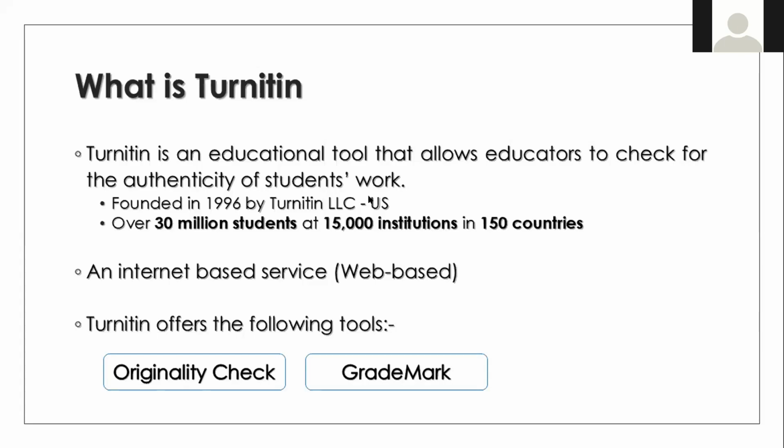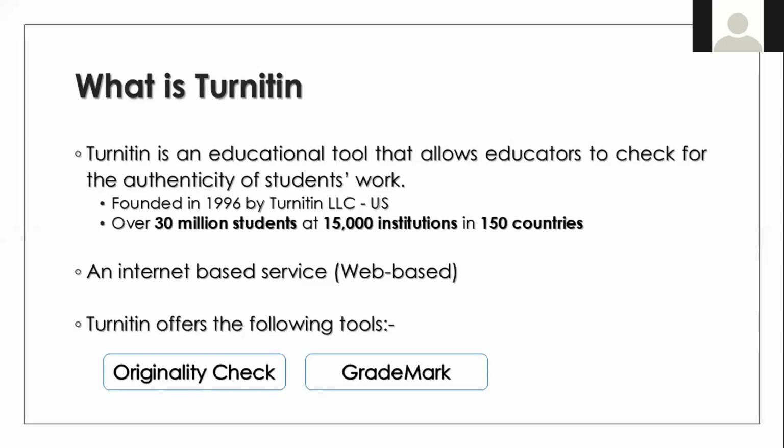Okay, so Turnitin offers the following tools, meaning that they offer two parts of these features. The first one is the originality check. This is the report that shows what percentage of your student's work they may have copied or referred from other online resources.